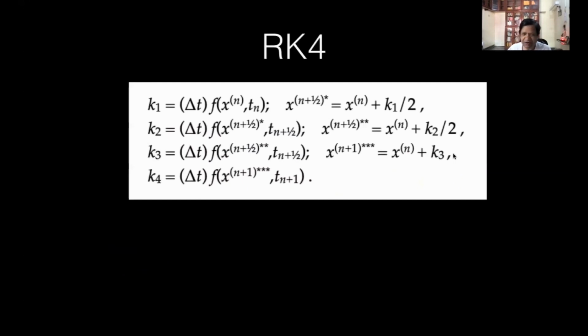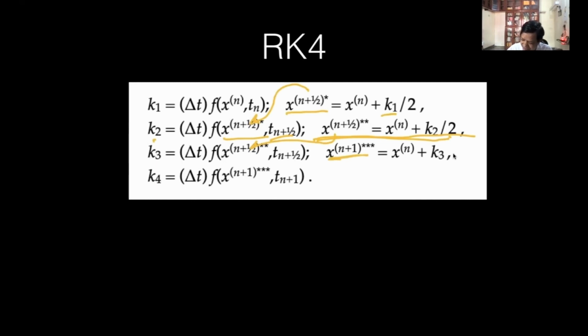Now RK4, which is more accurate, but is more work. So just to outline, you compute xn plus half star with Euler forward, k1, then use this one to again compute k2, and then again I computed the midpoint, right? Use this one again and compute now not at the midpoint but at the end point, xn plus 1.